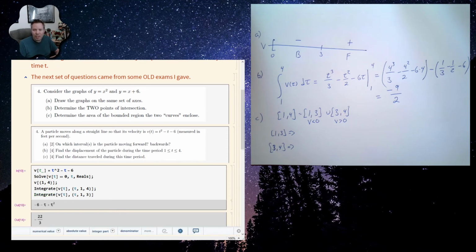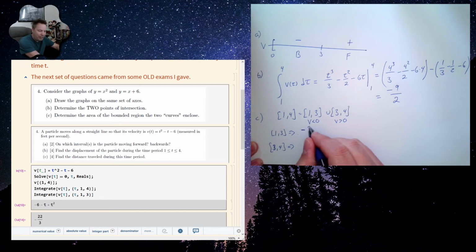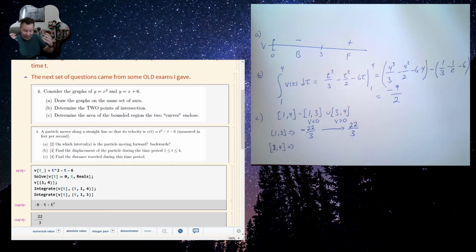What I'll notice here is that my output for 1 to 3 is negative 22/3. Now, to get a true distance out of this, I need to take an absolute value of this. Because I go back 22/3 of a foot, or 7 1/3 feet, backwards. But I still traveled that amount.